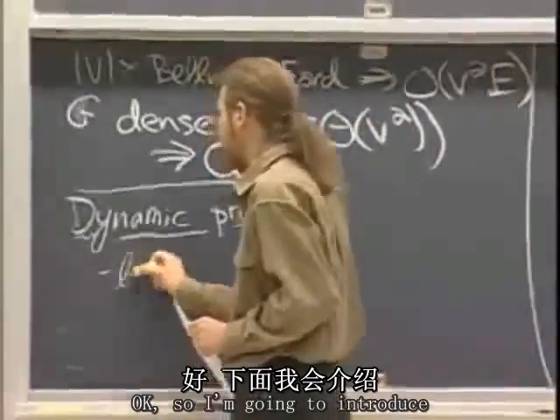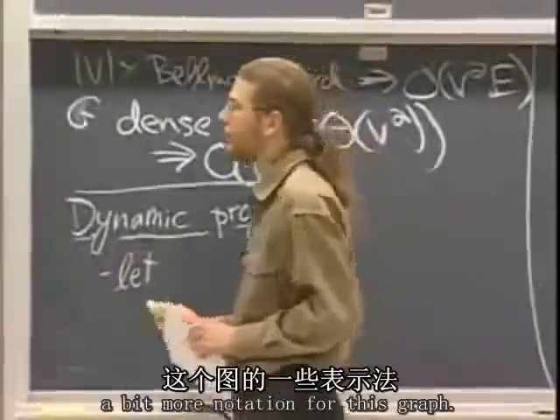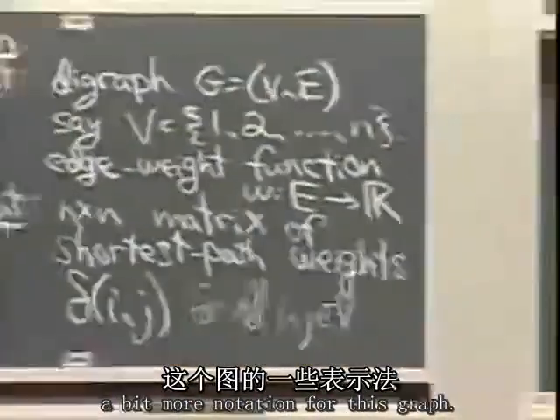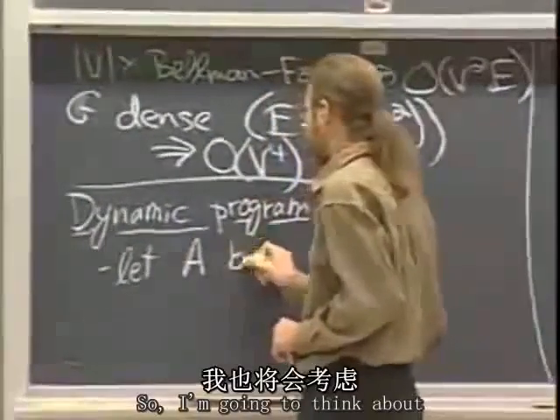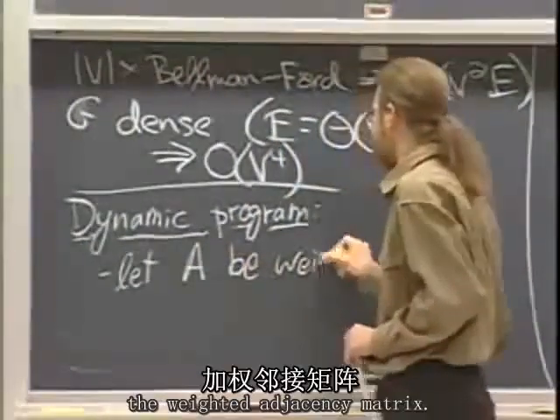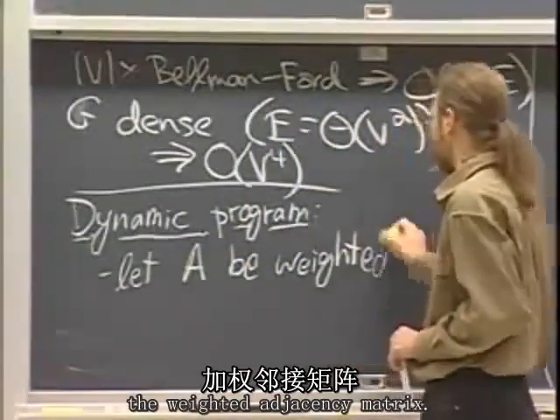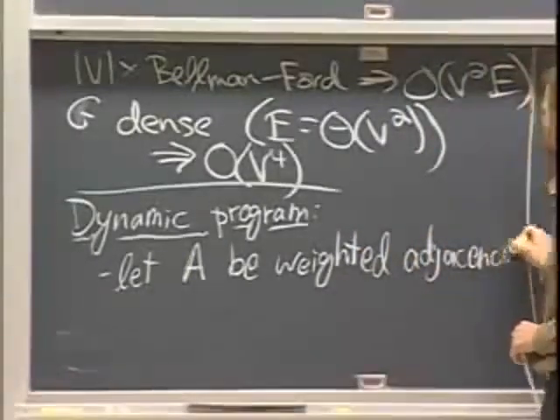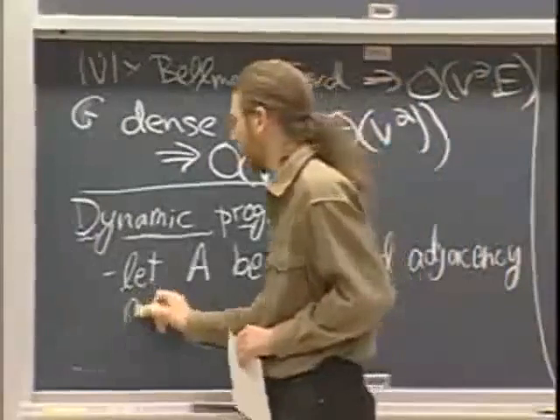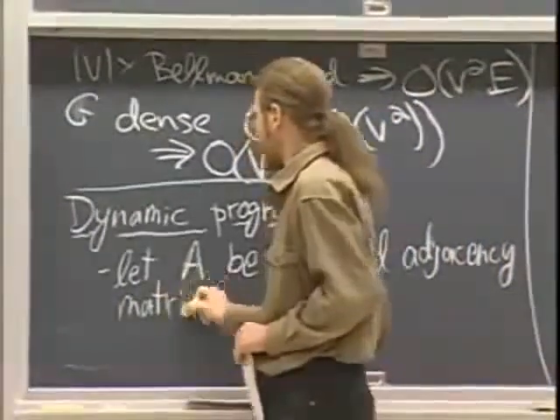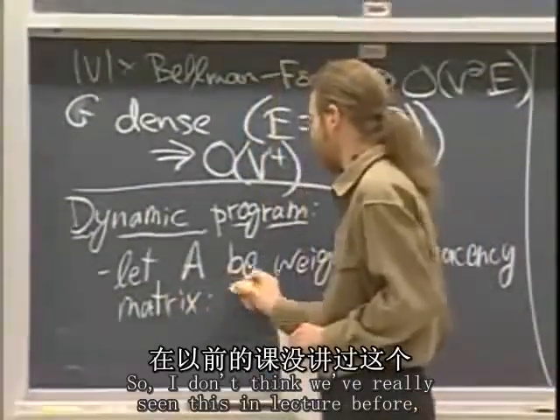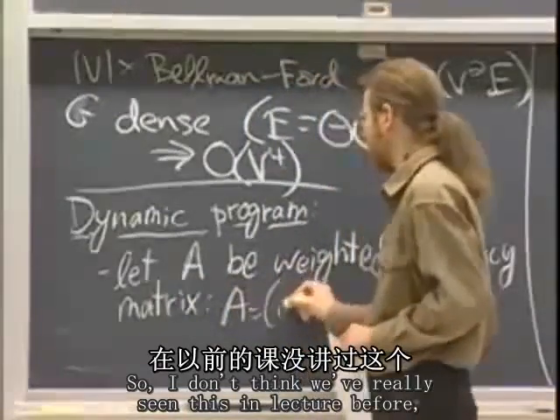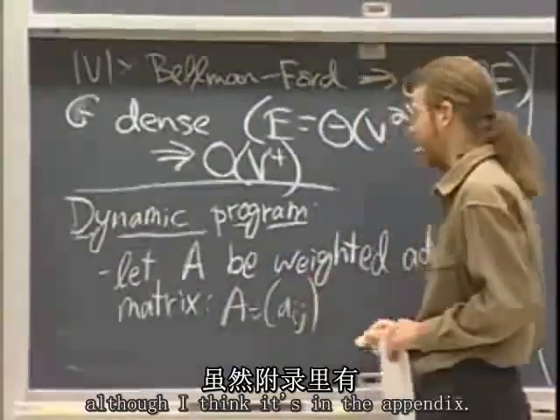Okay, so I'm going to introduce a bit more notation for this graph. So I'm going to think about the weighted adjacency matrix. I don't think we've really seen this in lecture before, although I think it's in the appendix.